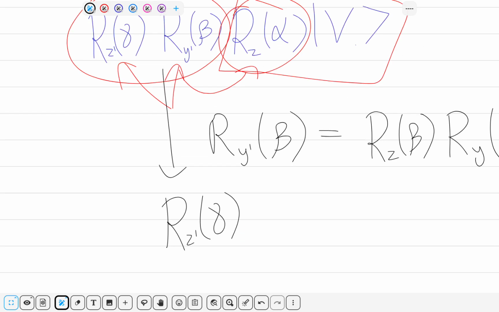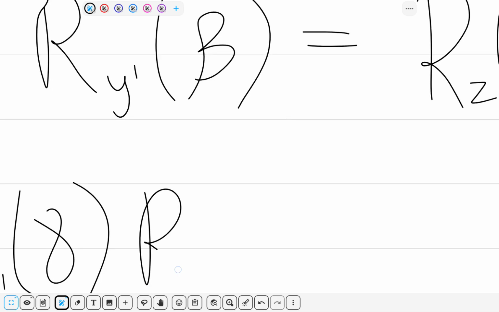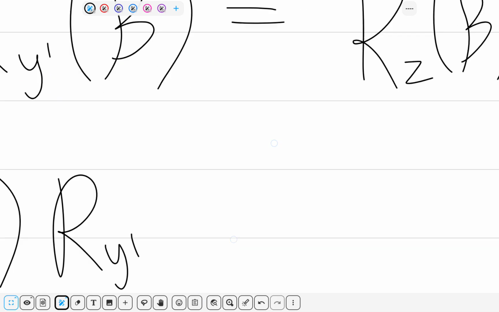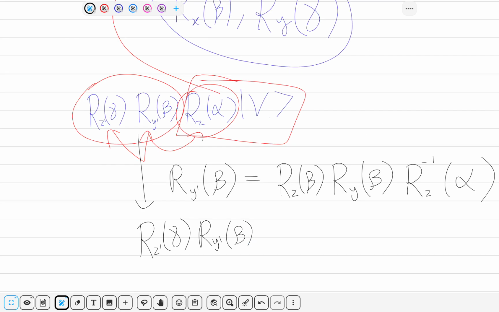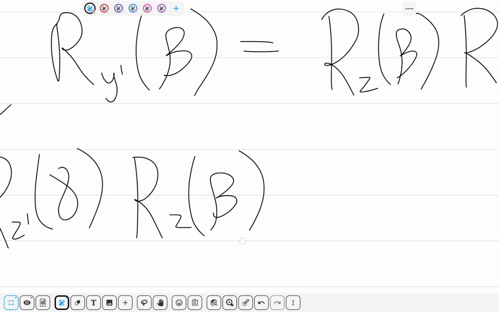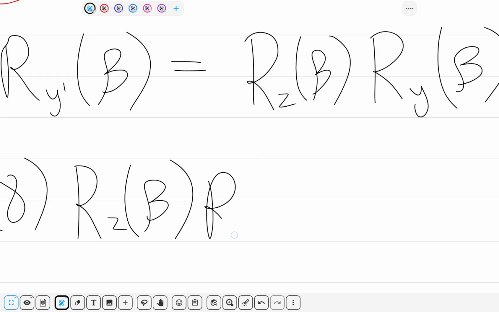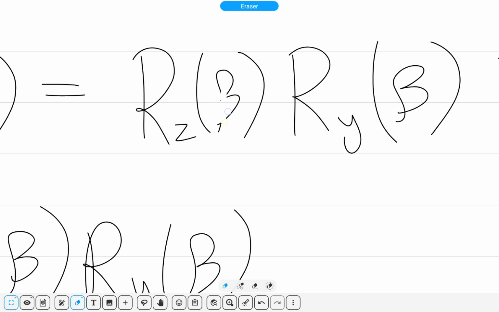Now what would it be? Ry prime of beta, and I have substituted it, right? I have Rz of alpha, Ry of beta, okay, not beta, sorry, it was alpha.